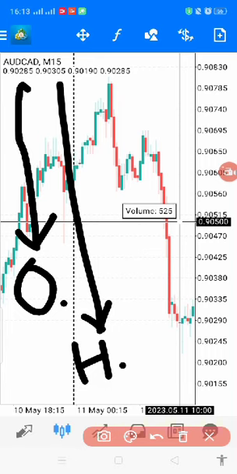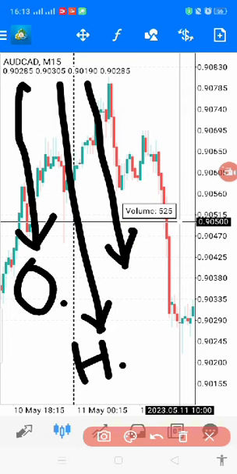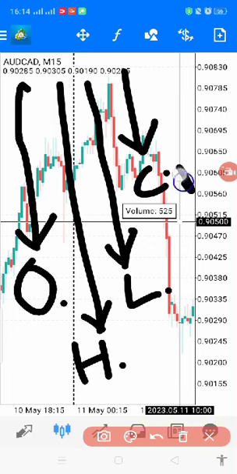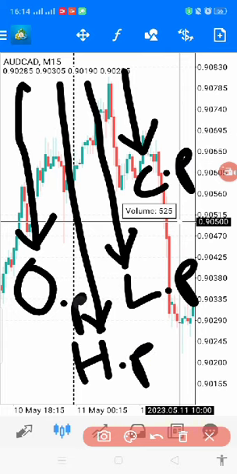The next number represents the lowest price that this candle touched. Then the last one represents the closing price. Please take note of it.